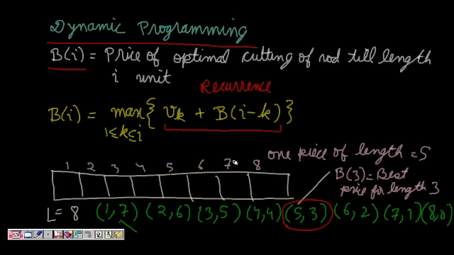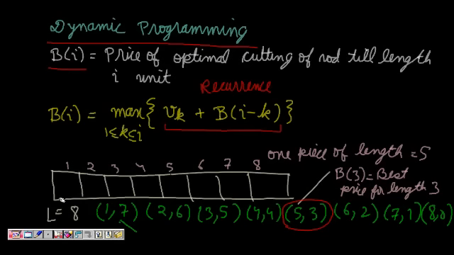So one is the price Vk of length k, and the other is the best possible cutting of the i minus k unit rod. This will give us the best solution, where k varies from 1 to i.